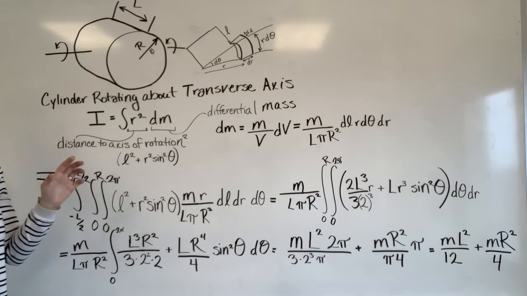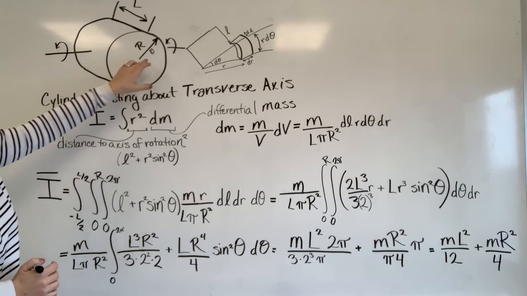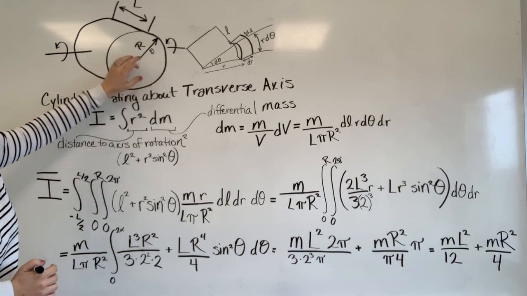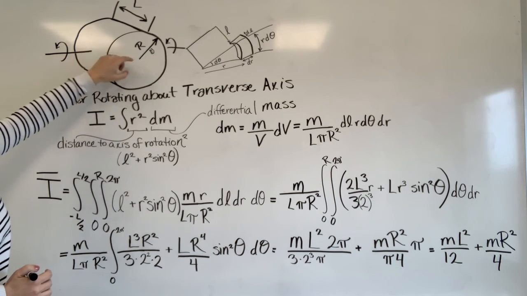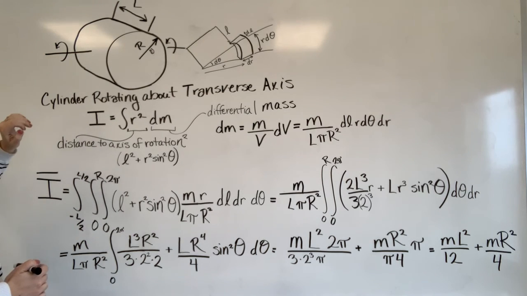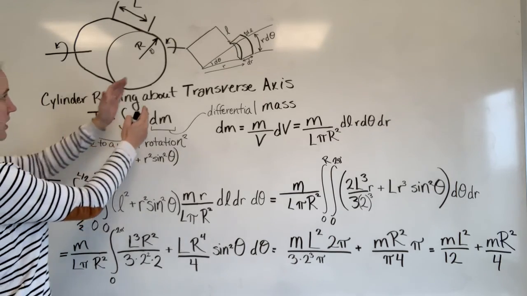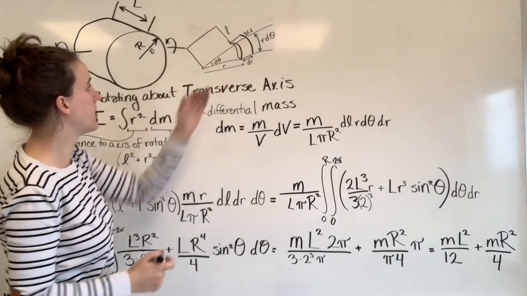Now when we do this problem, we have to think about a small differential mass and what the distance of that mass would be from this axis through the center. So let's think about our differential mass here.